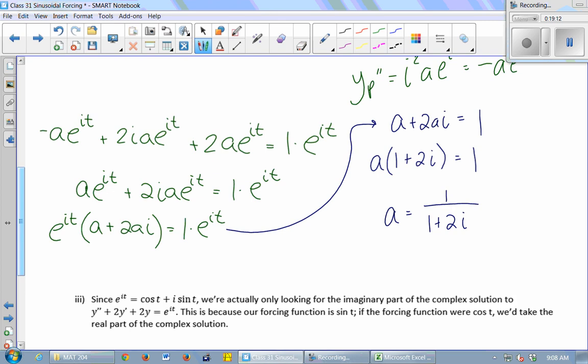Okay, so that is the a value that solves the complexified equation. So a complex solution would be a e to the i t, where a is this complex number 1 over 1 plus 2i. That's just a particular solution to the complexified equation.